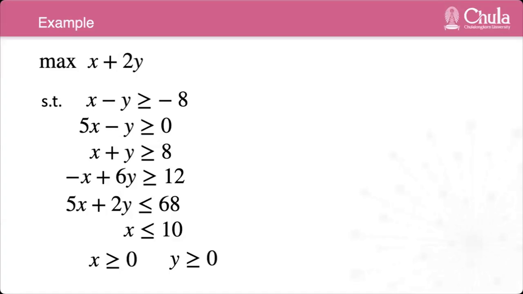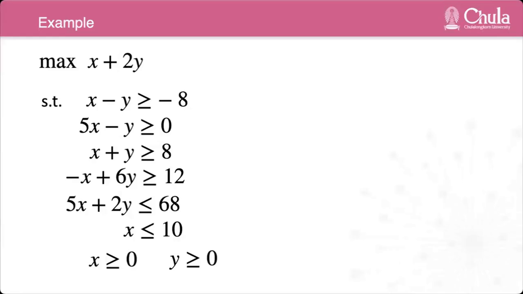For the first one, you need S1, right? You have to add a slack variable. The second one, if you treat it this way, greater than or equal, you need an extra variable, and you have to subtract a slack variable also.